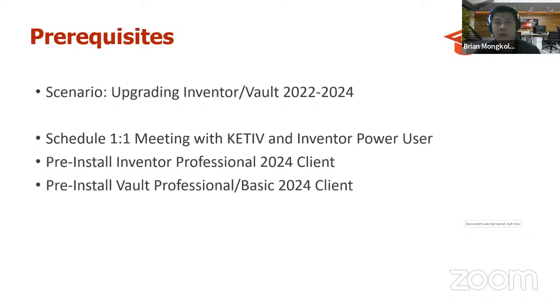And what we want as a prerequisite for the customer before our one-on-one call with them, with their Inventor power user, is one, we scheduled a meeting with them, but two, we want to make sure that they have, in this case, 2024 clients installed for Inventor, as well as the 2024 Vaults installed for their Vault. So then when we hop on the call, we can just dive right into it. So those are some of the prerequisites that we require.